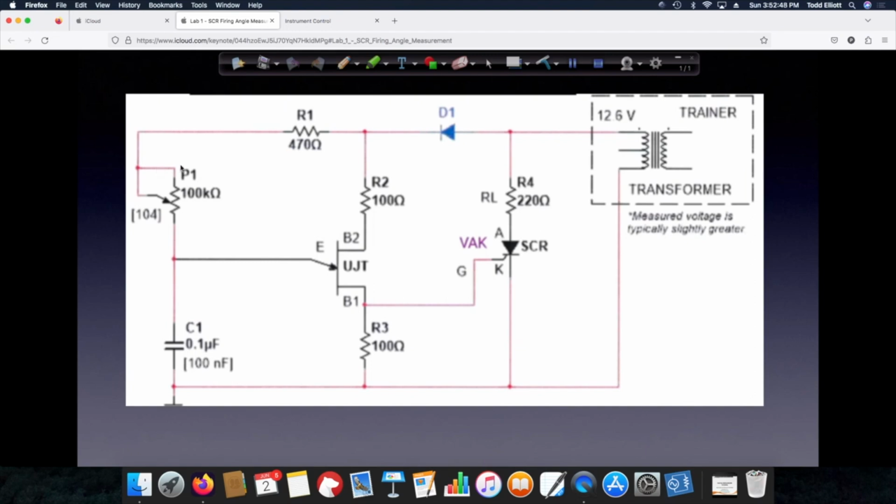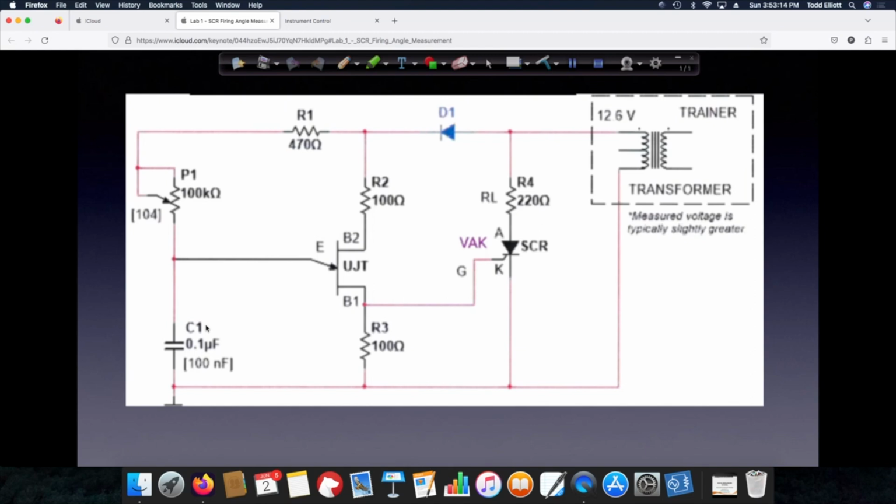So in essence, the setting of P1 in conjunction with the fixed resistor here and the capacitor determines the RC time constant, which determines how long it takes for the emitter voltage on the UJT to build up sufficiently and then turn on, and that's called the peak point voltage.